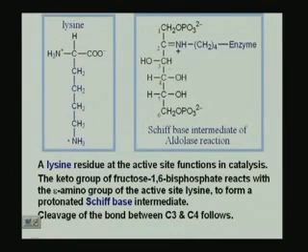Now, if we look at how the aldolase actually works, there is a lysine residue. Where is this lysine residue? In the enzyme aldolase. Obviously, it has to be there because the aldolase is what is acting on the substrate. What is the substrate? The substrate is fructose 1,6-bisphosphate. What are your products?